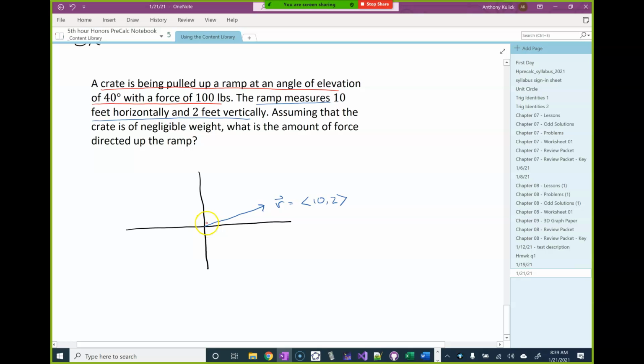And then my other force vector for the crate says an angle of elevation of 40 degrees, and the force is 100 pounds. So C is going to be 100 cosine 40, 100 sine 40.